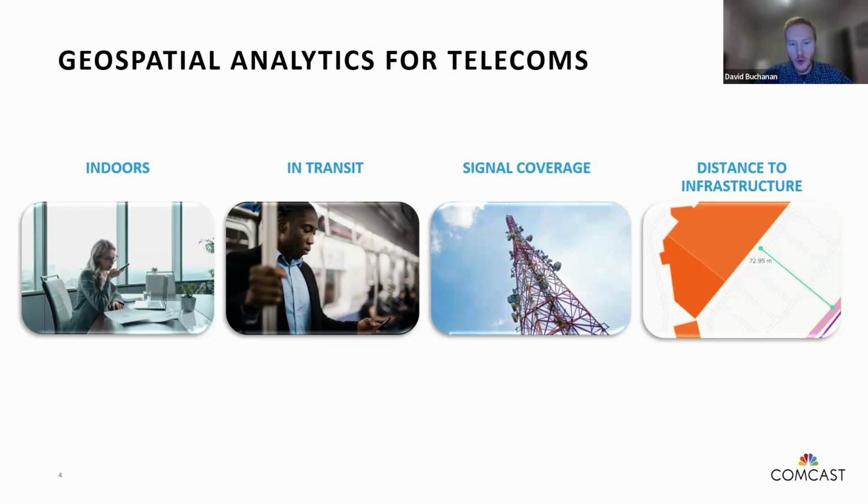And then the final point I have here is distance to infrastructure, but from a network expansion perspective. So fiber and cable. Back from my time in network expansion, if you're creating a business use case for how many potential customers I'm going to get if I decide to invest in this infrastructure, how many people can we serve?